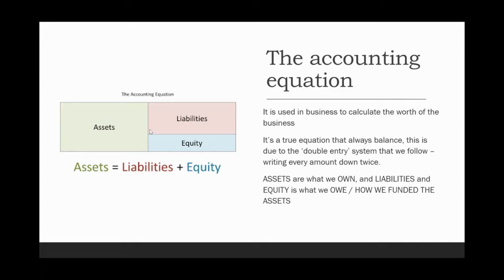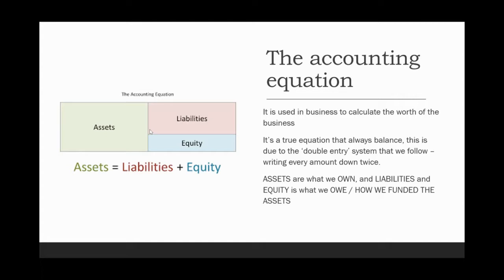Now the accounting equation always has to balance. If we add up our liabilities and equity, and for some reason that does not equal our assets, then we know that somewhere in our books we've made an error. Either we've left out something, or we have overstated something, in other words, added more than we should have.